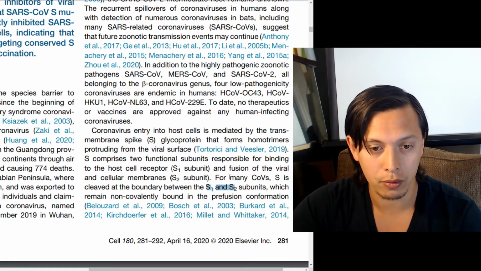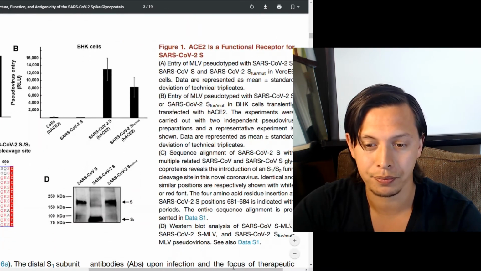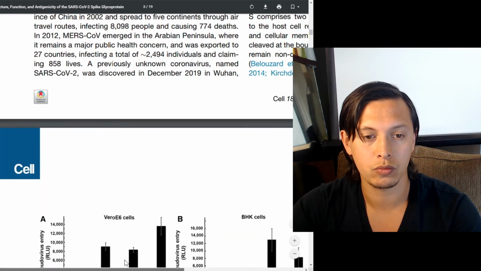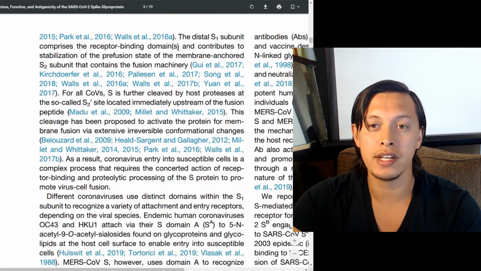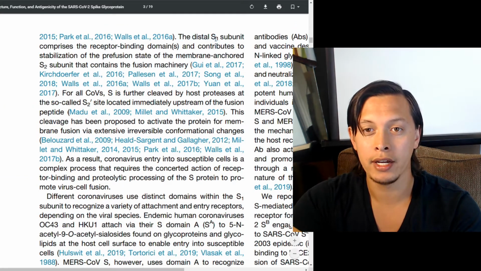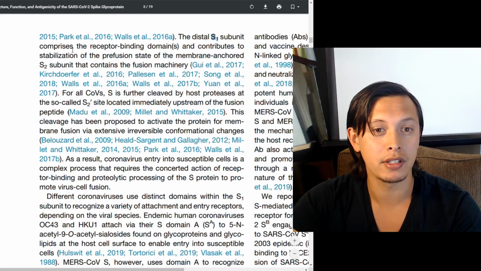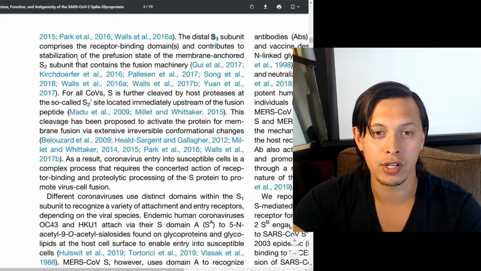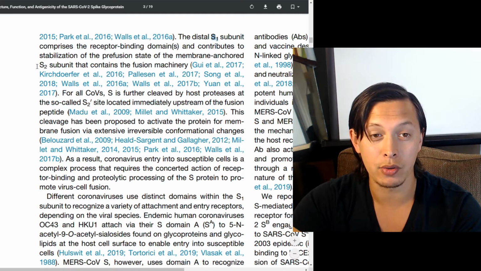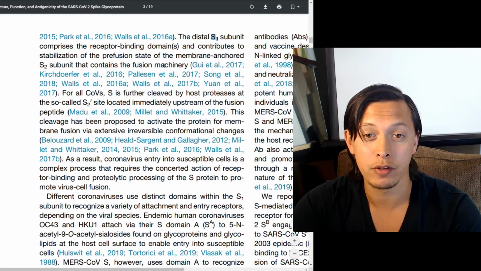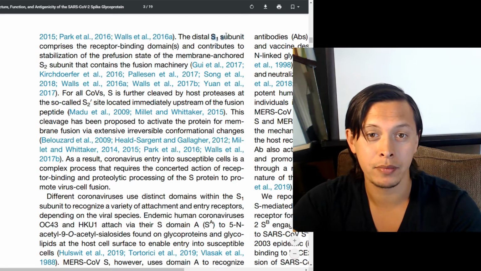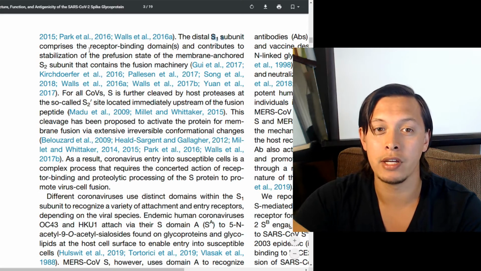So let's continue here. So the distal, or the farther away spike sub 1 subunit, comprises the receptor binding domains and contributes to stabilization of the pre-fusion state of the membrane-anchored S2 subunit that contains the fusion machinery. So the S1 subunit will have what is known as the receptor binding domain.